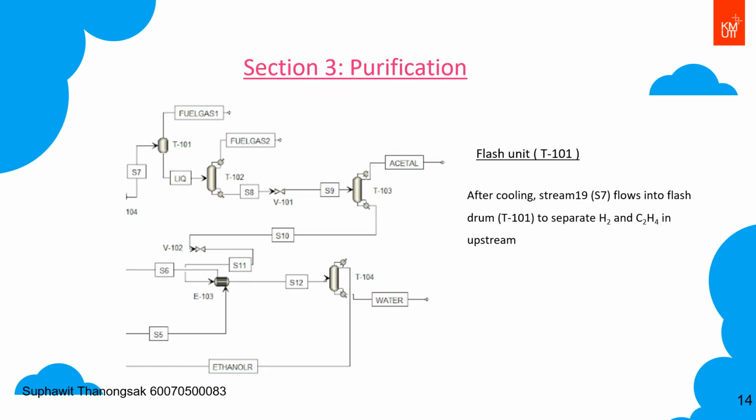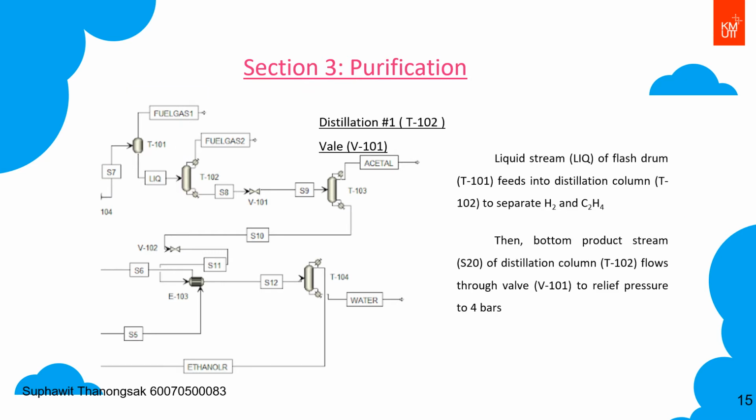The cooled reactor effluent consists of 2 phases, the vapor phase and the liquid phase. In the vapor phase, there are a lot of hydrogen and ethylene, which are byproducts. So we use the flash tank T101 to separate the vapor phase of those byproducts first.